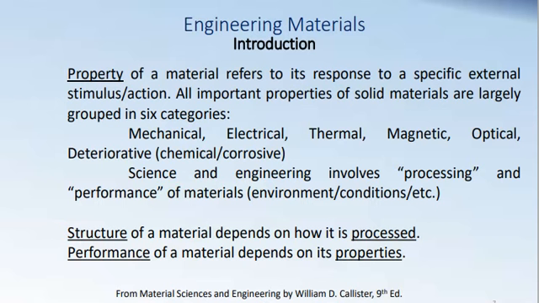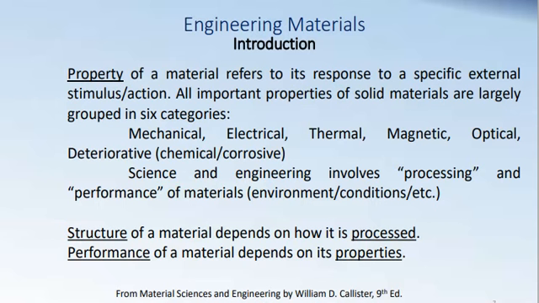Another important component involved in design, production, and application of materials is the performance of a material under given circumstances. How a material responds to a particular environment shows the performance of the material.